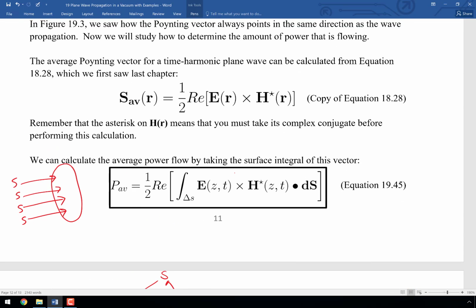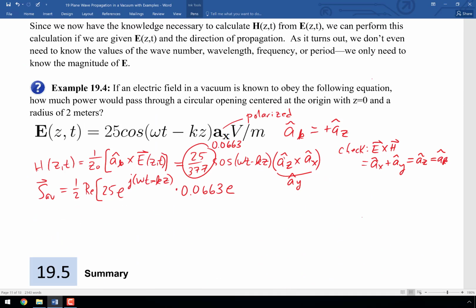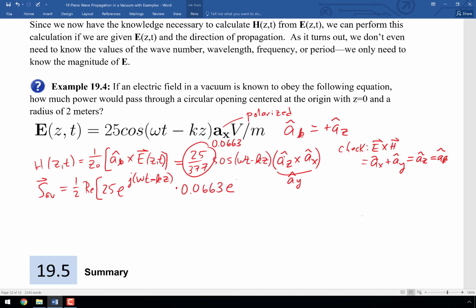So if I come back up here, notice that this asterisk means that it's the complex conjugate. And the complex conjugate simply means that whatever the imaginary part is going to become negative. Well, in this case, that means that this is going to become e to the negative j times omega t minus kz.